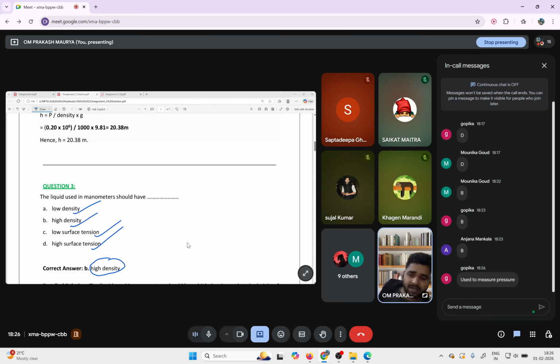Other students, please also attempt: why manometers use high density, and the use of a manometer. Okay, one student, Gopika, is telling it is used for pressure measurement. Okay, nice attempt. Another student, please also try to write.